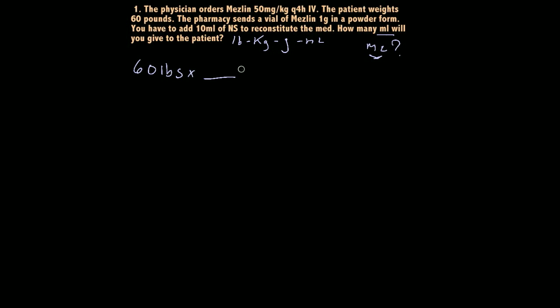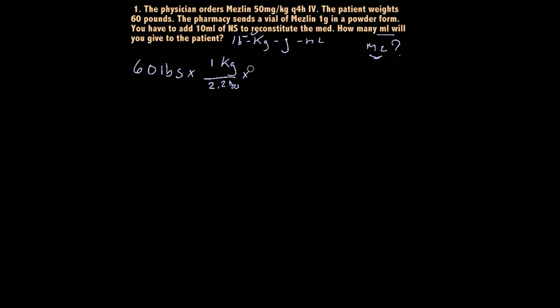So it's a 4-step problem here. All right, I've got 60 pounds as my patient. I know that for every 1 kilogram I have 2.2 pounds. So I've got that step taken, pounds to kilograms.